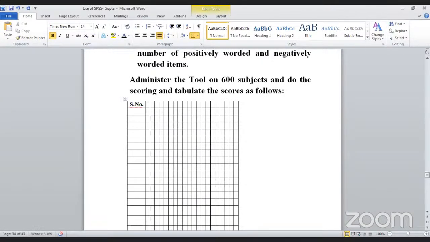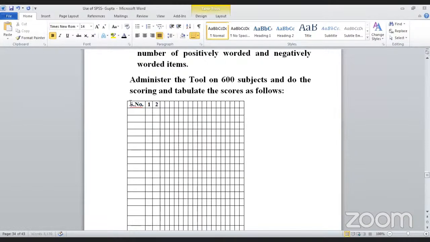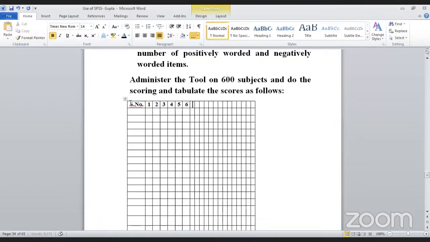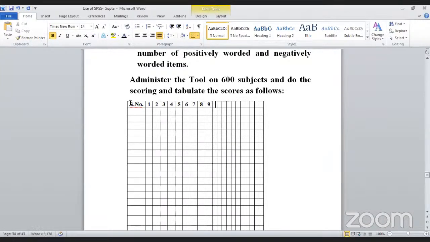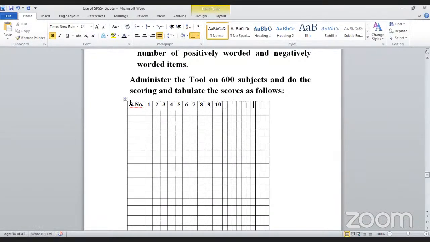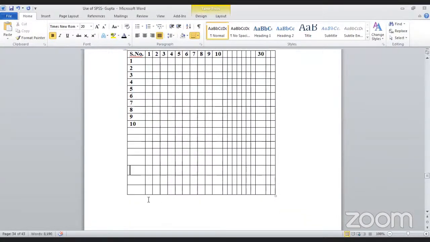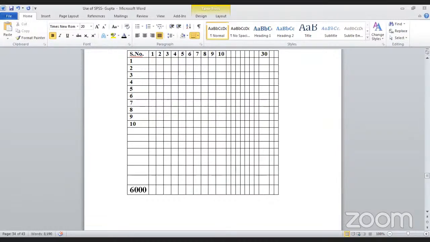Here is your first item, second item, third item, 4, 5, 6, 7, 8, 9, 10. And if you have 30 items, this is your 30th item. Now you have the first person, this is second, third, fourth, fifth, sixth, 7, 8, 9, 10. So you have your 600, these are the 600 people.